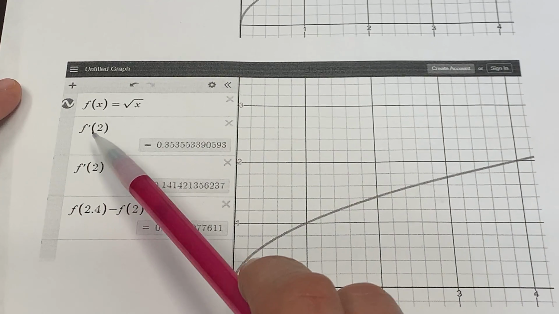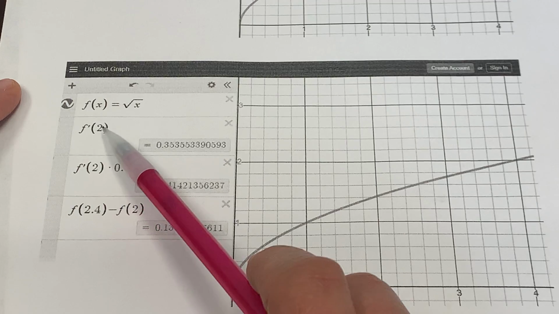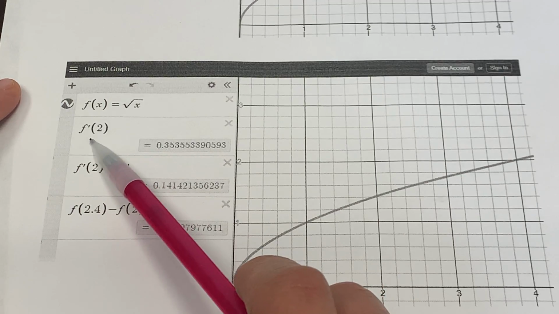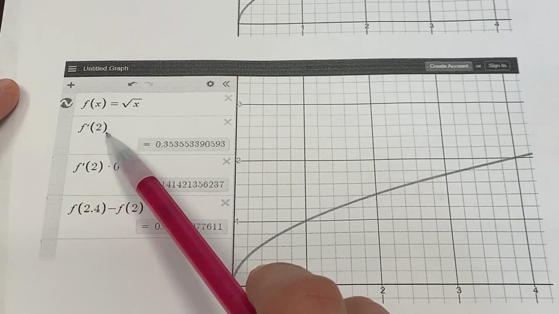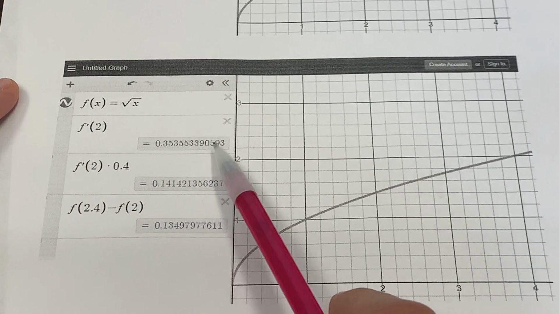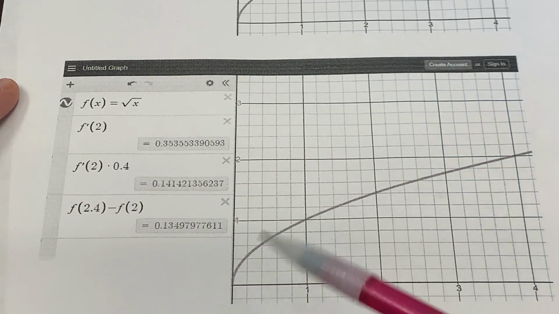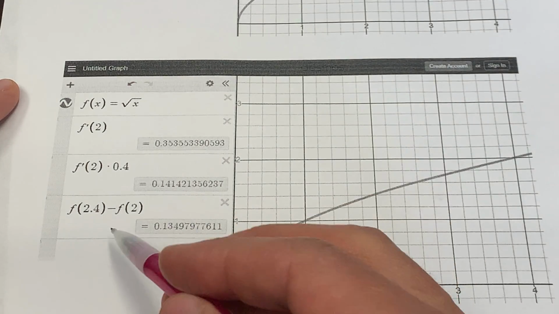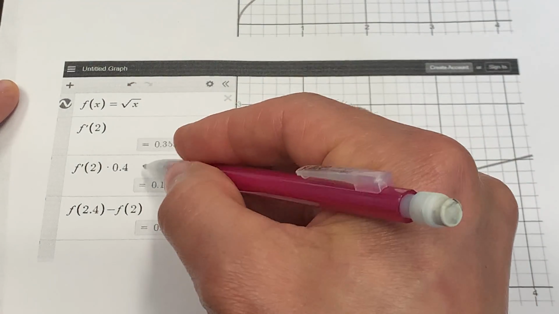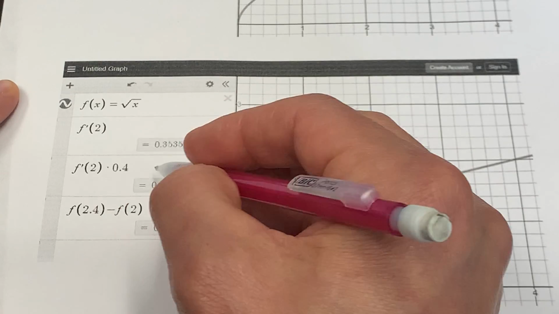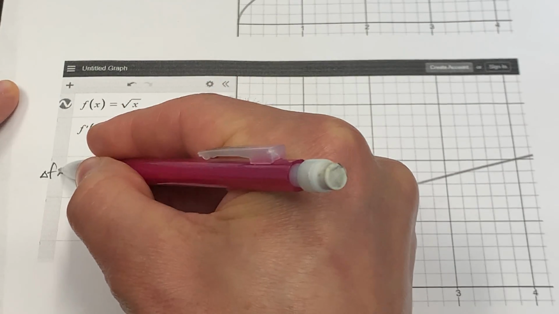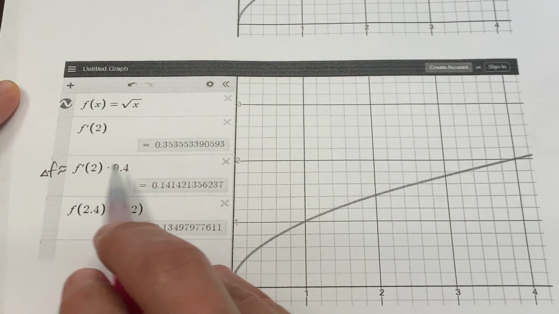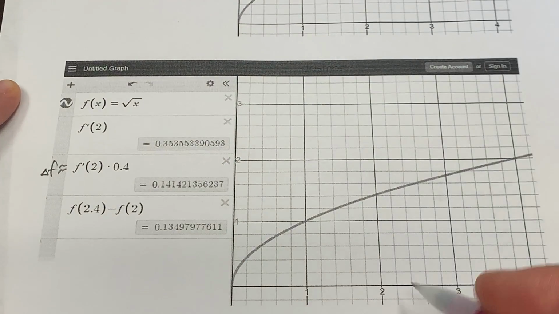If you put in the work once and for all to find what the derivative of this function is at 2. Now, I know how to take the derivative here, but let's imagine I use this decimal approximation. And now I'm using the equation, right, that the change in f is approximately that derivative times the change in x.